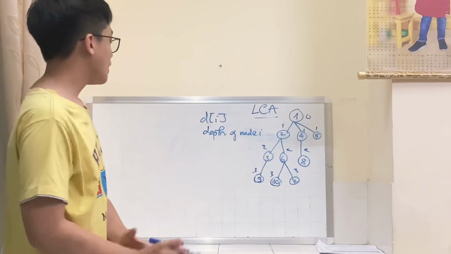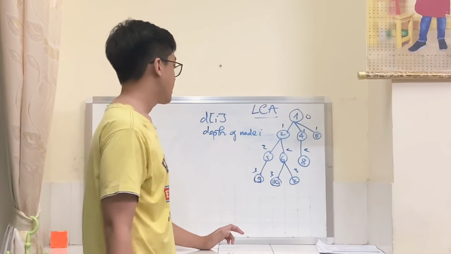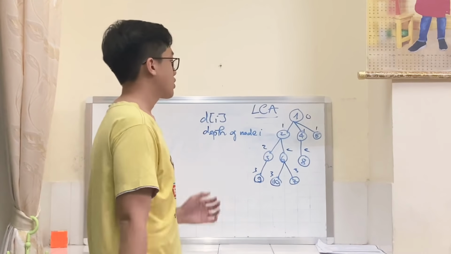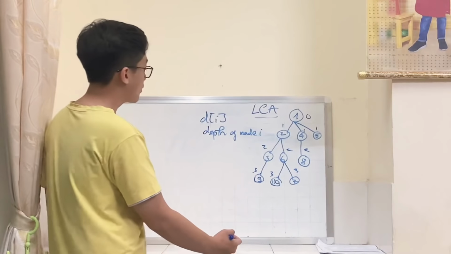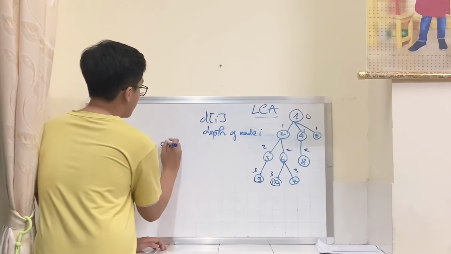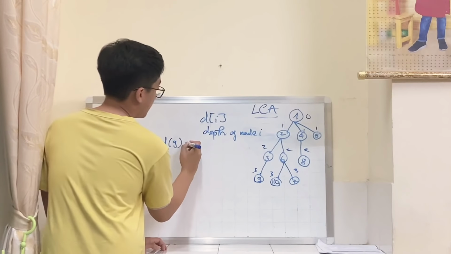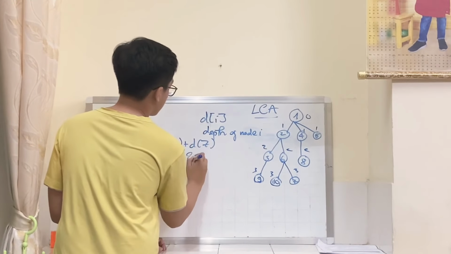So you can calculate the shortest path, for example from node 9 to 7, the distance will be d9 plus d7 minus 2 times the depth of the LCA of 9 and 7.